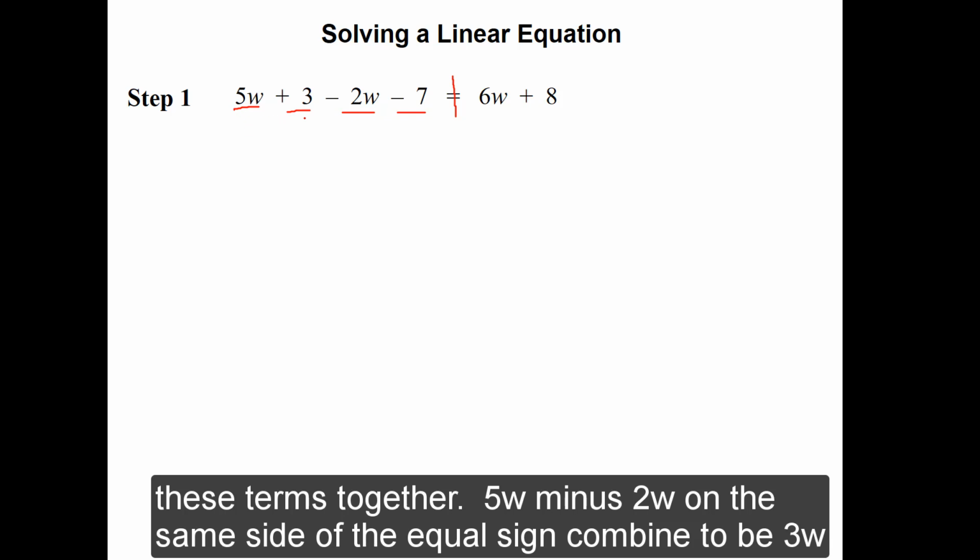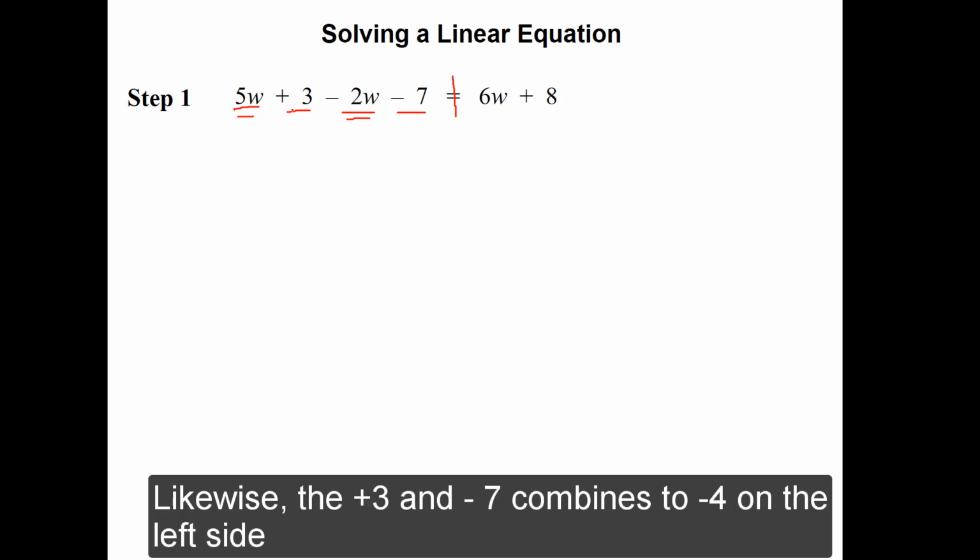So if we have 5W and we also have a minus 2W on the same side of this equal sign, it makes sense that we really only are going to have 3 W's. 5 minus 2 would be 3. Likewise, if we take the plus 3 and we subtract 7, that would give us a net negative 4 on the left side.